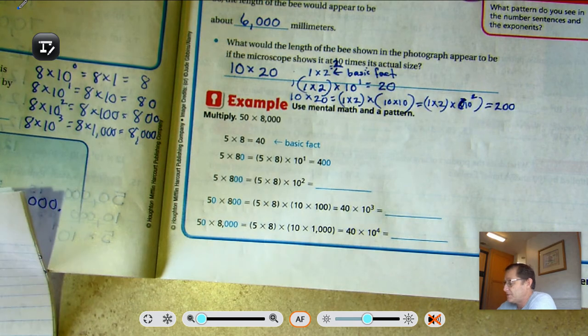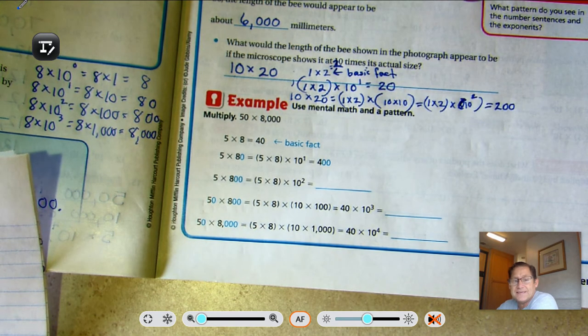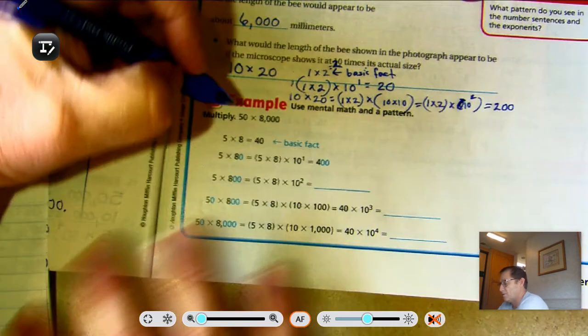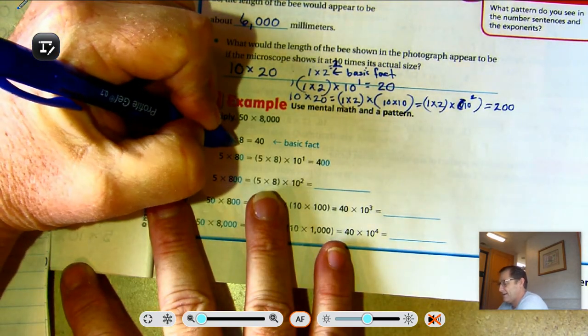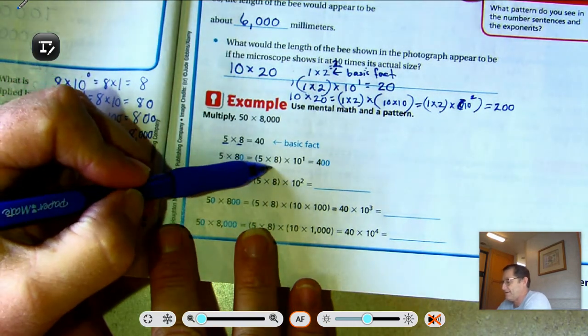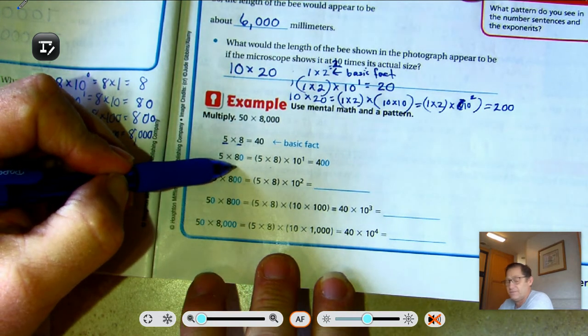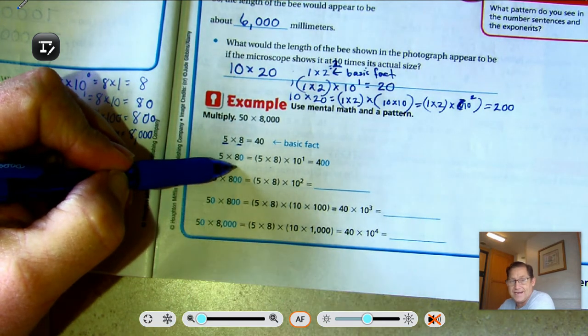All right, yes, let's use mental math and a pattern to figure out this one. 50 times 8,000. So our basic math fact is 5 times 8, and that gives us 40, right? All right, so 5 times 8 times the first power of 10, which would be 80.